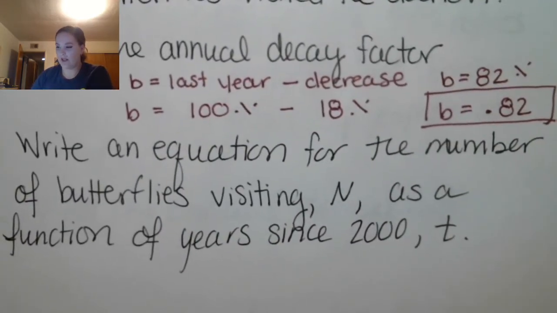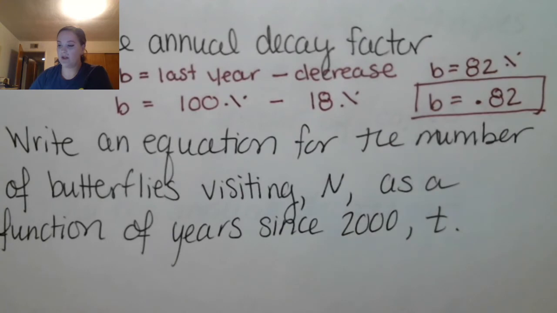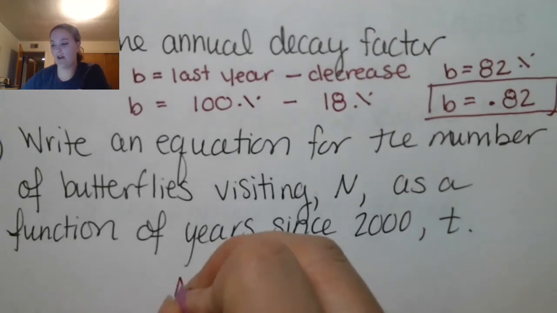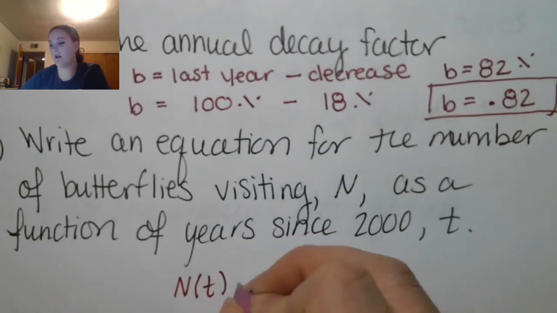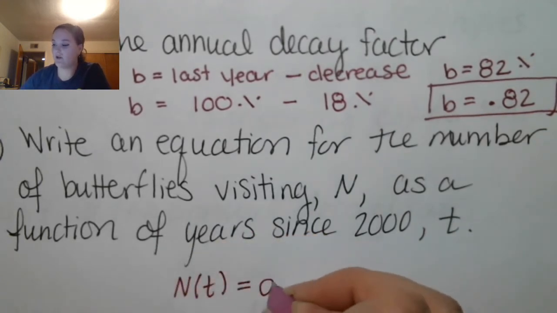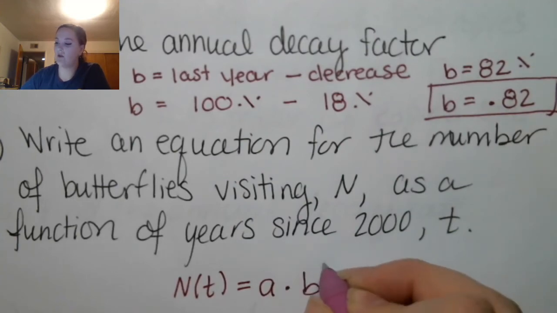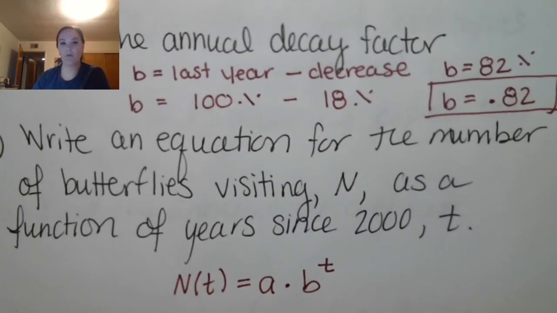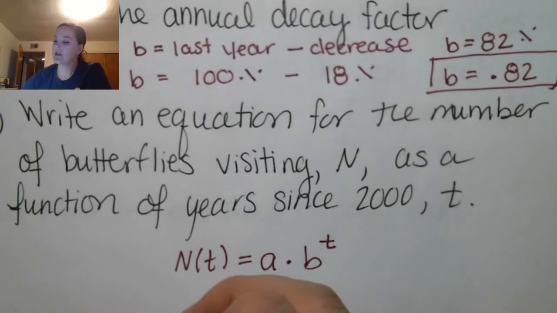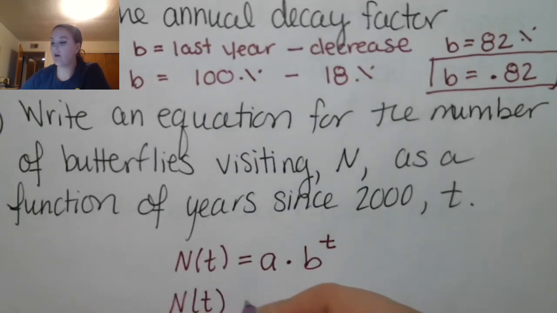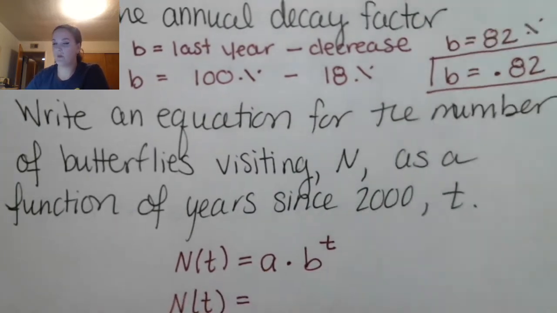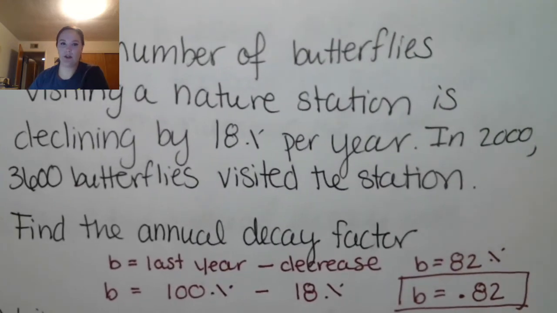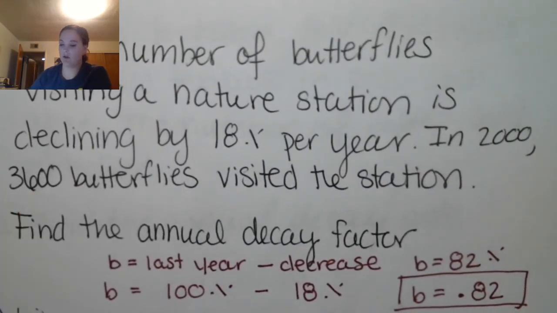So for part B, it says write an equation for the number of butterflies visiting, n, as a function of the year since 2000, t. Okay, so we're going to have n of t, our function, and we know that it's an exponential function, so it's going to have this general format. Let's fill in our initial amount, which, if we look back at the question, in 2000 is 3,600.